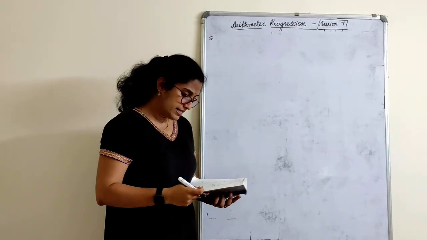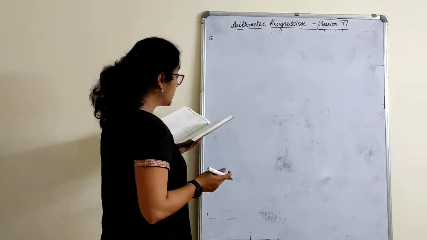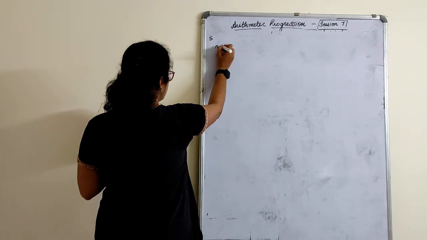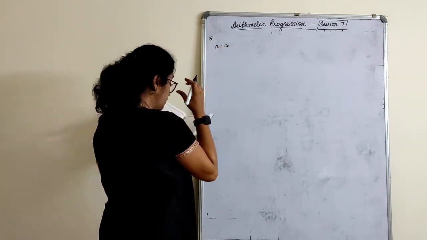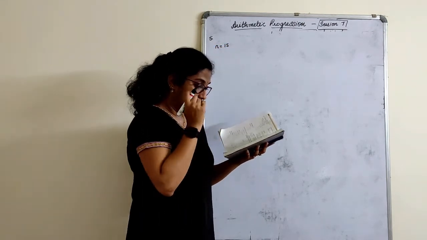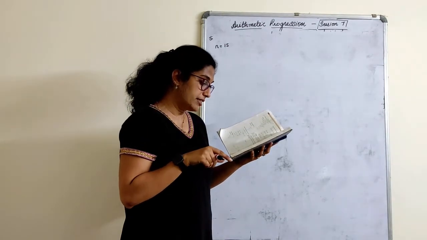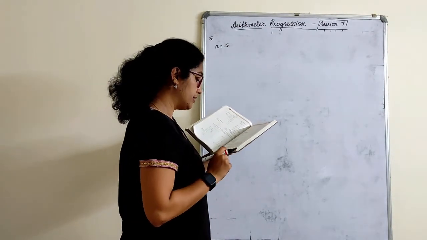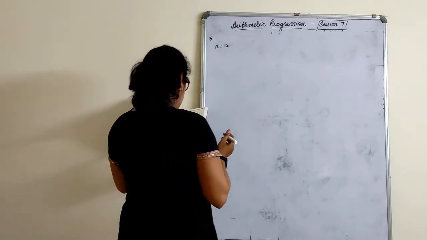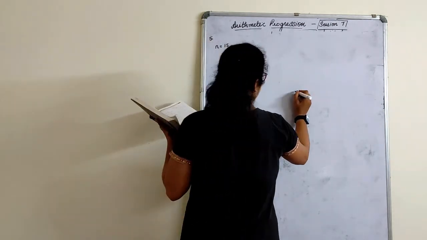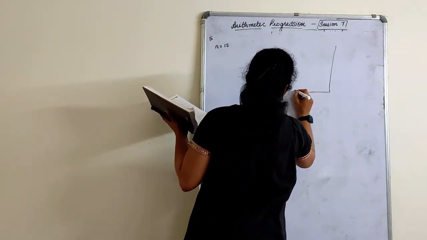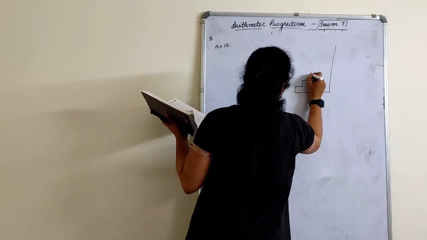A small terrace at a football ground comprises 15 steps. So n is 15, understood from the first part of the question itself. Each of which is 50 meter long and built of solid concrete. Each step has a rise of, suppose I assume this is the step, right?